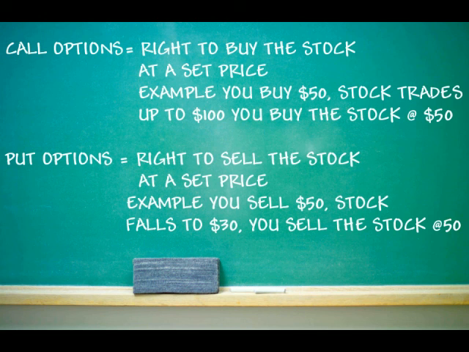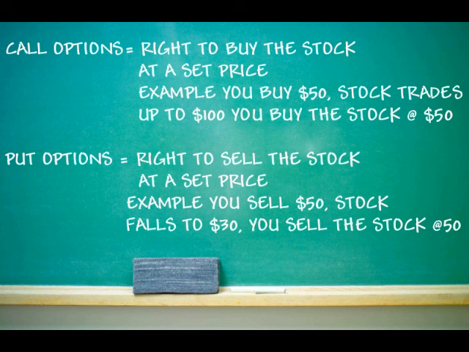Now it has gone up to 100, so you have the right to buy the stock at 50 and not the 100. So instantly, if you have one share of this stock in this situation, you would have a $50 profit, because the difference between the 100 that it is presently trading at and the 50 which you bought it at is a difference of $50 if you had bought one share.